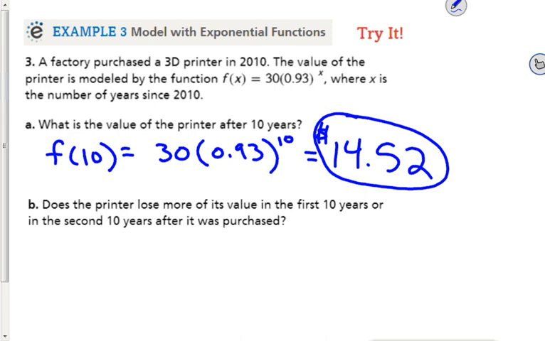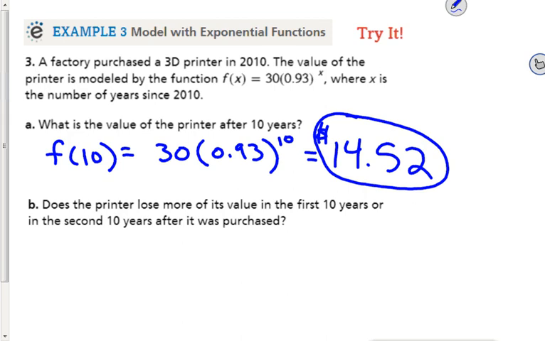Does the printer lose more of its value in the first 10 years or in the second 10 years after it was purchased? Okay, so first we have to find how much value was lost in the first 10 years. And that requires understanding the function a little bit better, because they didn't tell us in the problem that the initial value of this 3D printer was $30.